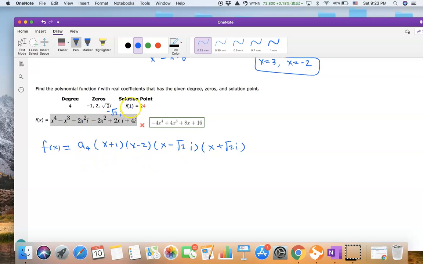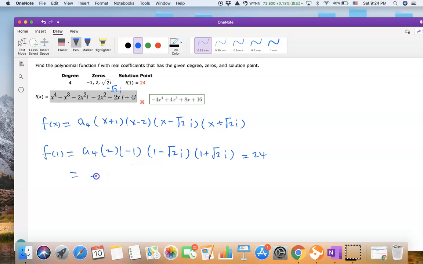When x equals 1, it's going to be 1 plus 1, so 2, 1 minus 2, negative 1, 1 minus square root of 2 i, 1 plus square root of 2 i, and this should be equal to 24.